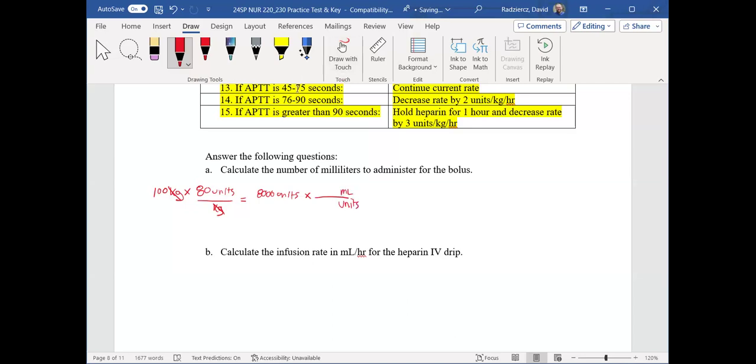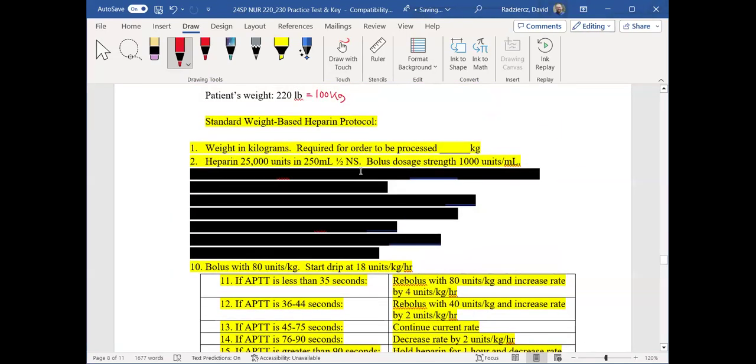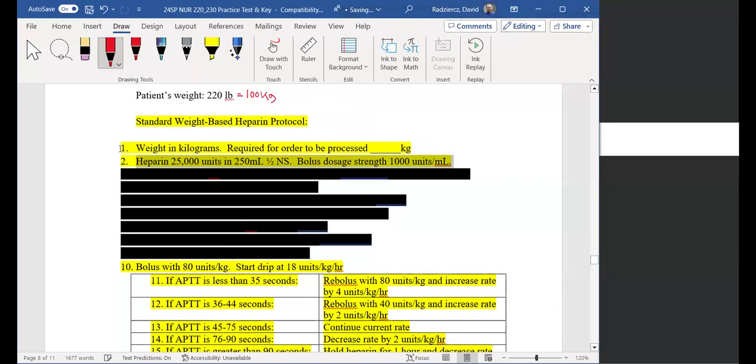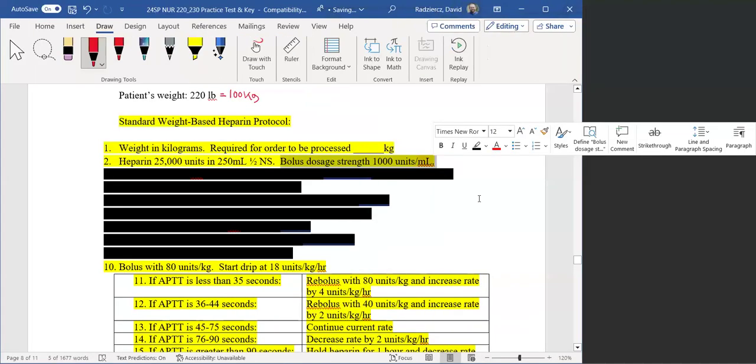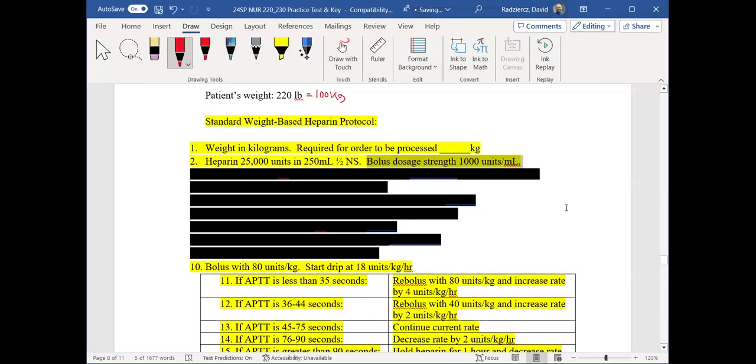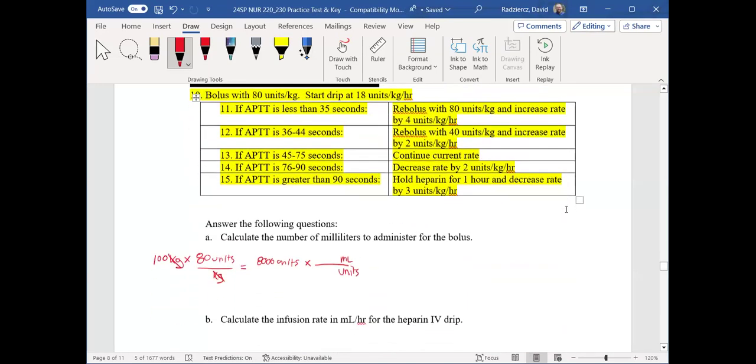So this is where the heparin protocol proves to be helpful, because we can use the protocol to tell us what we have available. We have 25,000 units in 250 milliliters half normal saline, and then we have a bolus dose, 1,000 units per milliliter. So I'm going to use the bolus dose strength because that's what we're calculating first: the bolus.